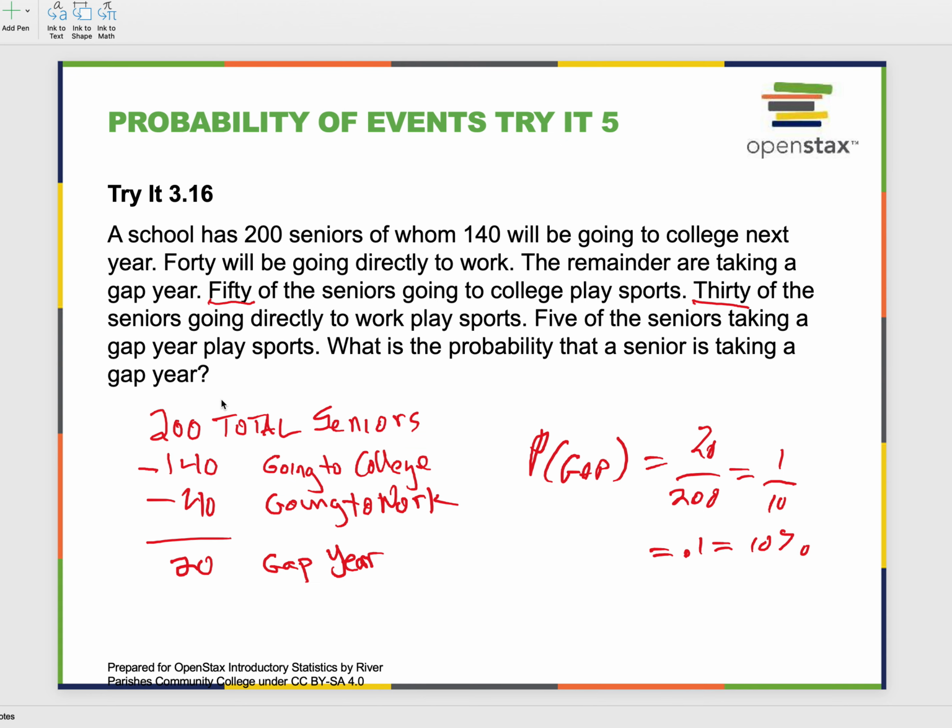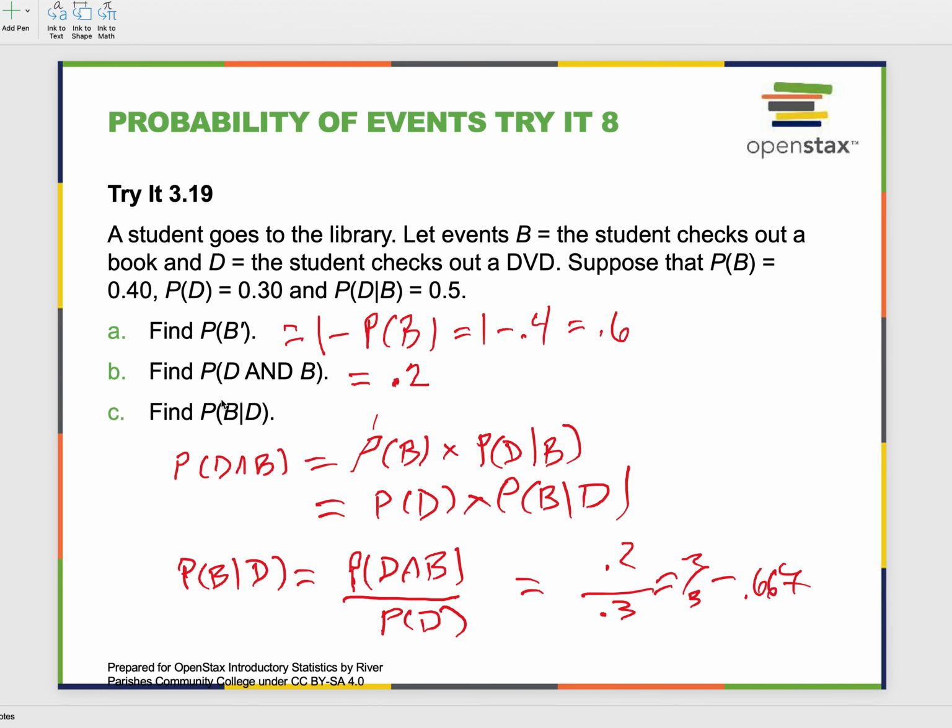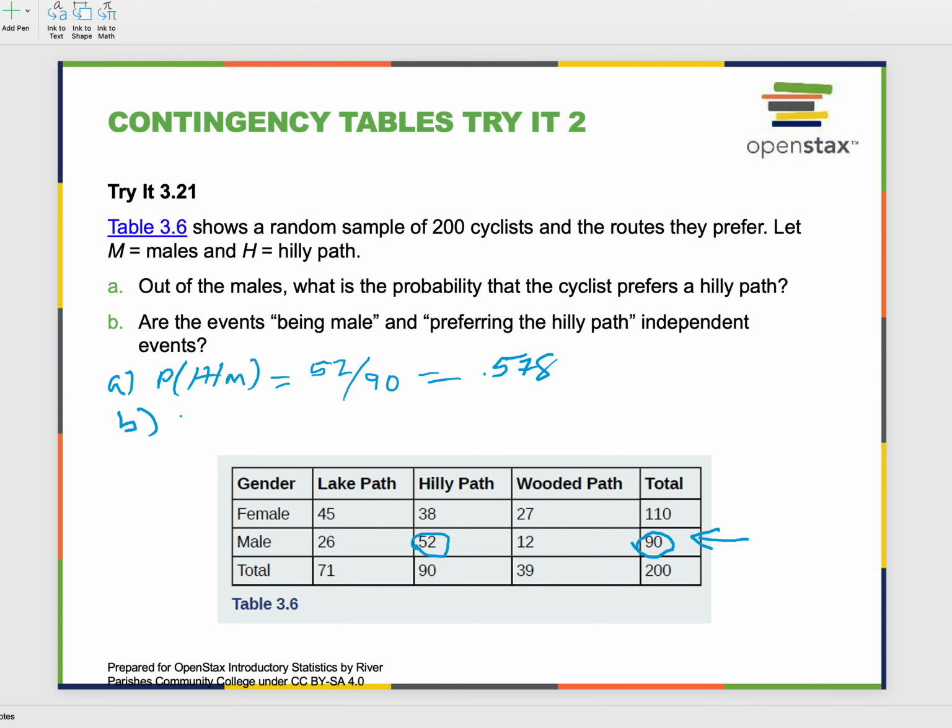Well, they're not independent because the probability of H given males is 0.578, and that's not equal to the probability of people that like hilly, which is 90 divided by 200.